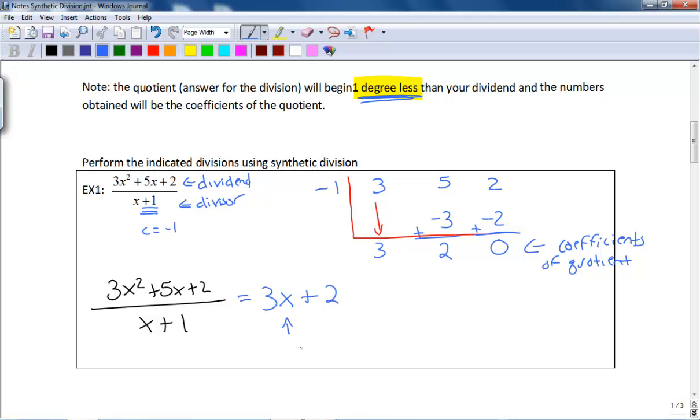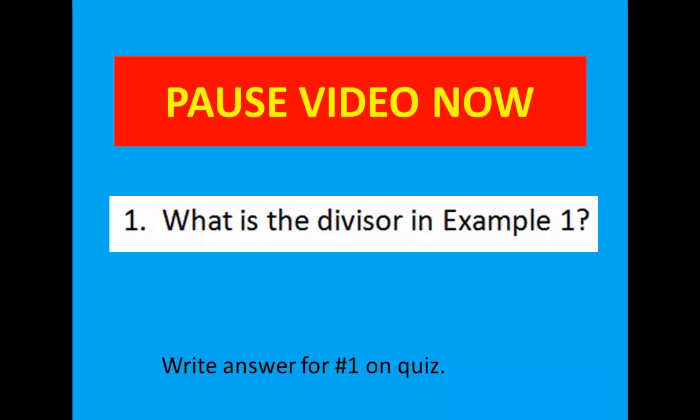Notice the linear term, first power, and then the constant term, and then I have a remainder of 0, where this last number is my remainder, and I don't ever write that. So 3x squared plus 5x plus 2 divided by x plus 1 is equal to 3x plus 2.